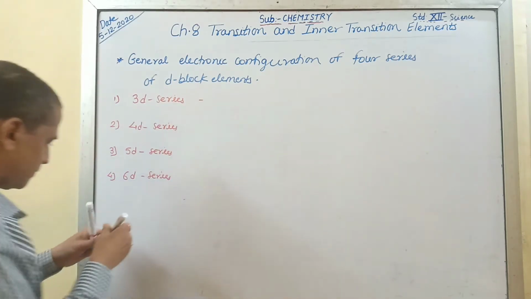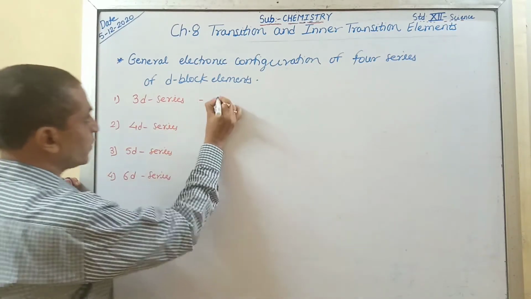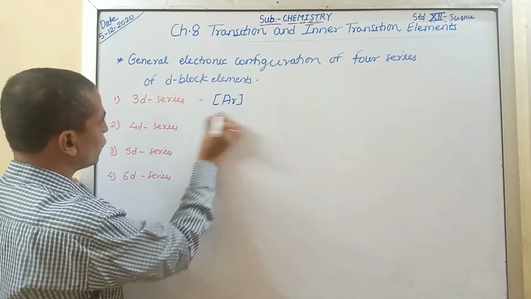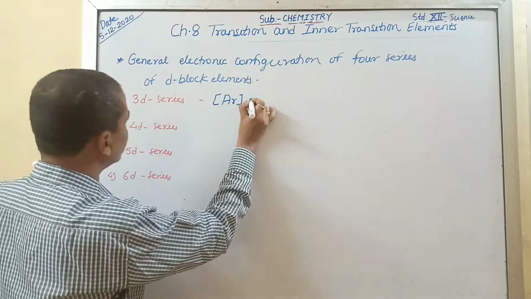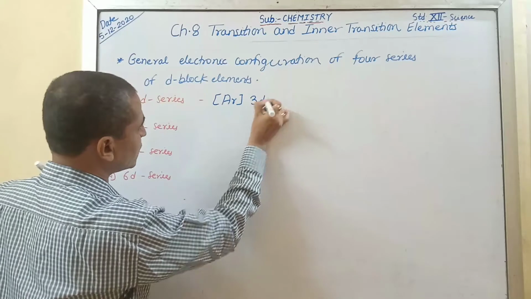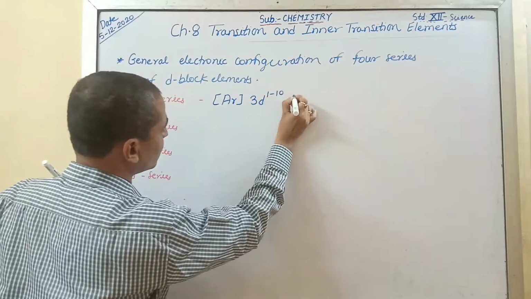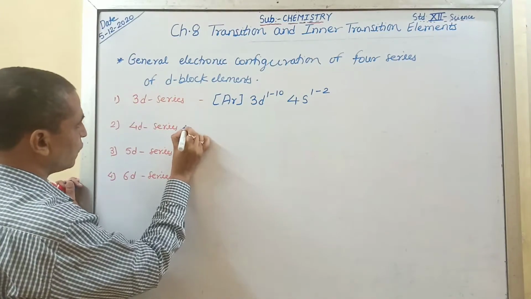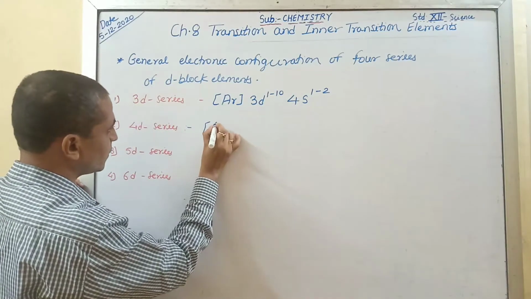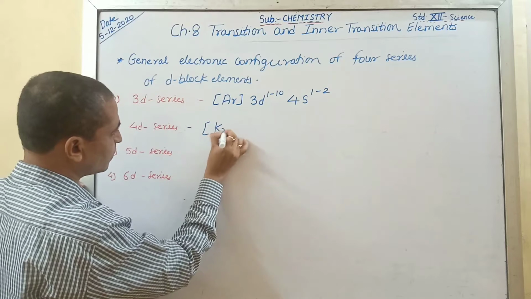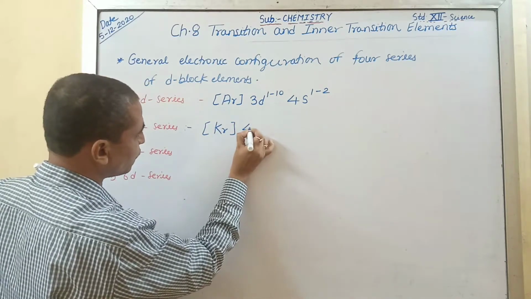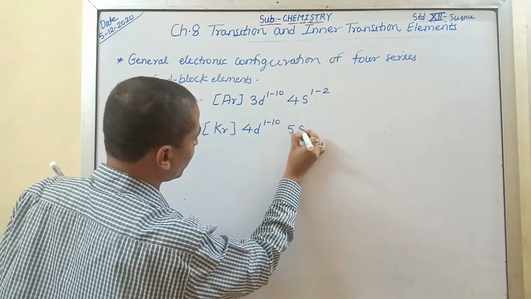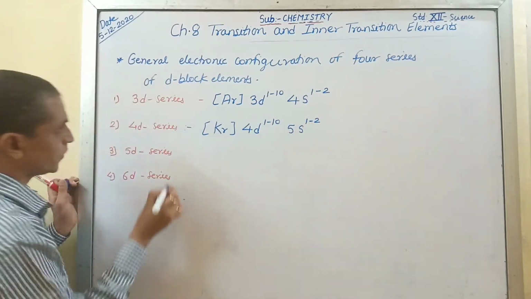For this, the electronic configuration can be written as follows. For 3d series, you get argon, whose atomic number is 18, and then 3d 1 to 10, 4s 1 to 2. For 4d series, you get krypton, 4d 1 to 10, 5s 1 to 2.